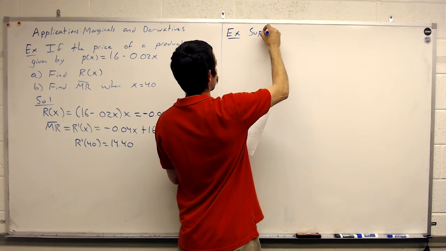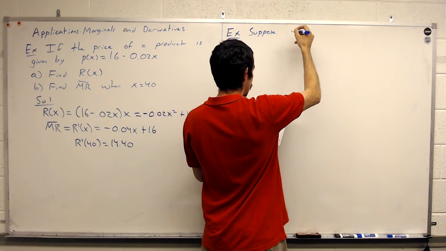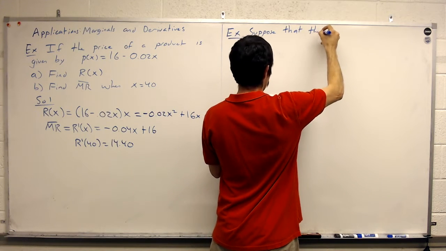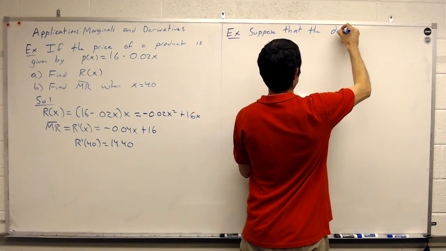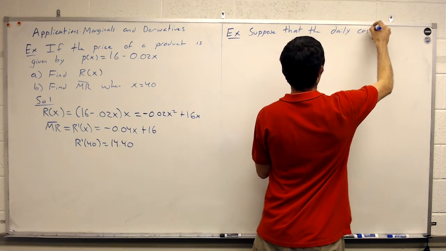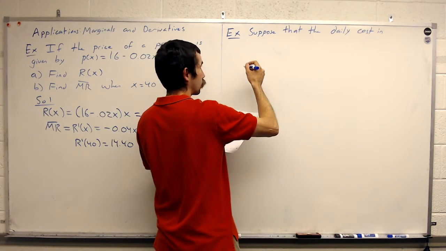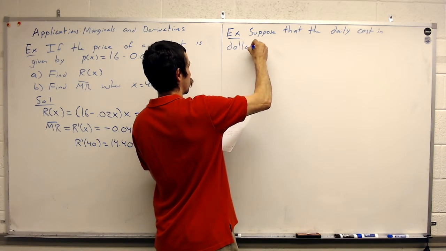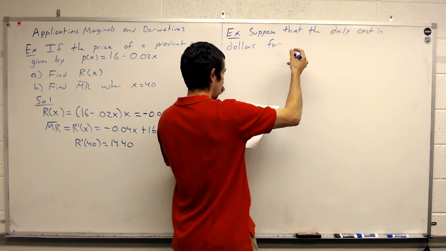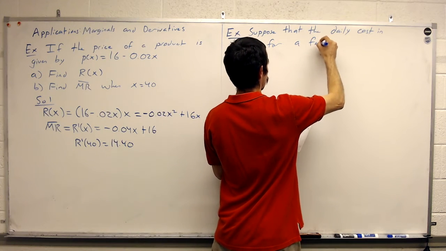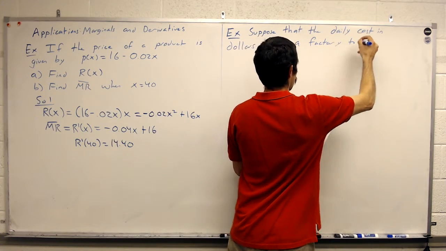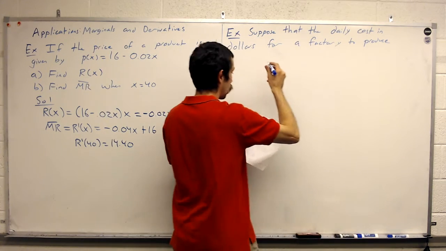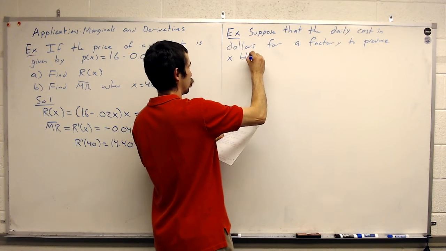Suppose that the daily cost in dollars for a factory to produce x blenders.